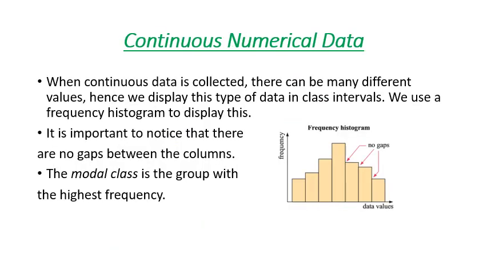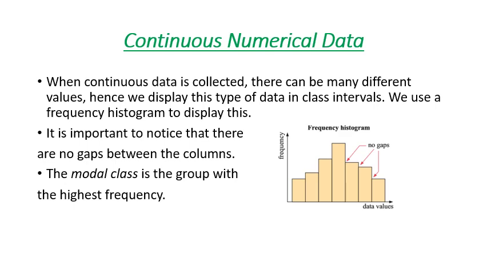We also have something called continuous numerical data. Continuous numerical data is basically data that's collected that can have many different values. So we display this in intervals, or groupings, and we use a frequency histogram, or a kind of frequency column graph, to show this.